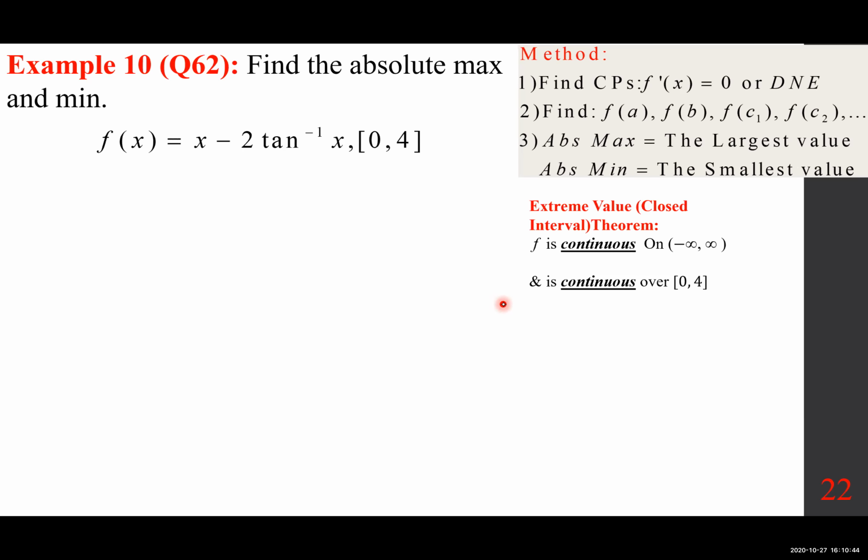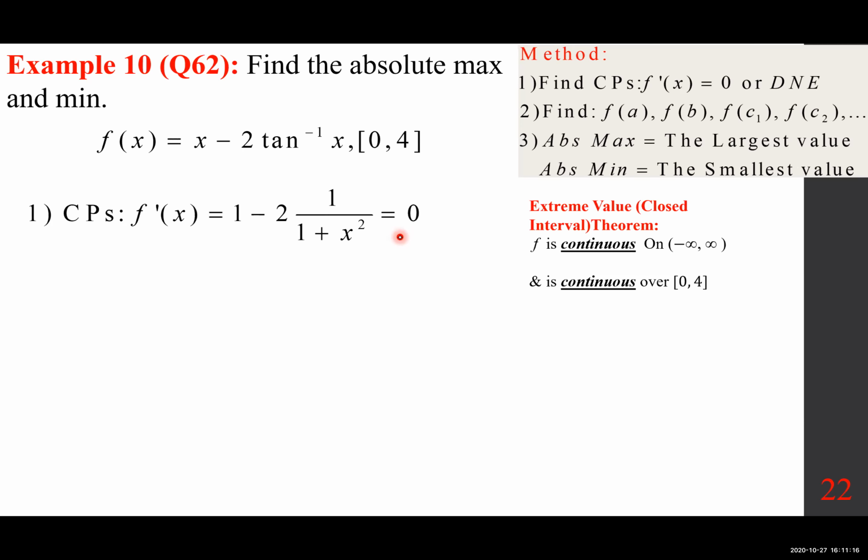Okay, so let's differentiate piece by piece because we want to find f prime of x. So x gives us 1, minus 2 times tan inverse gives us 1 over 1 plus x squared. So if we set this, by the way, this minus 2 times that comes up 1 minus 2 over 1 plus x squared.